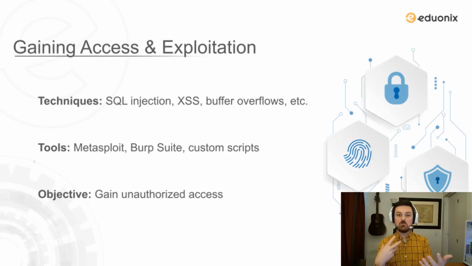But really we're trying to see, can we get this component to execute code that it wasn't allowed to? Buffer overflow is another quite common one, to run code that it wasn't intended to. And you can use tools like Metasploit and Burp Suite, which are ready-to-use exploitation tools.